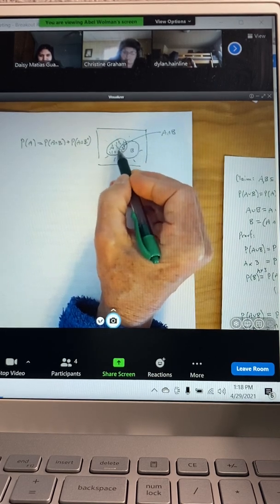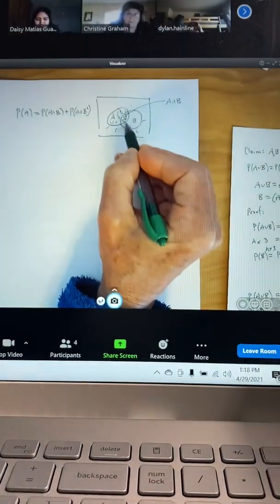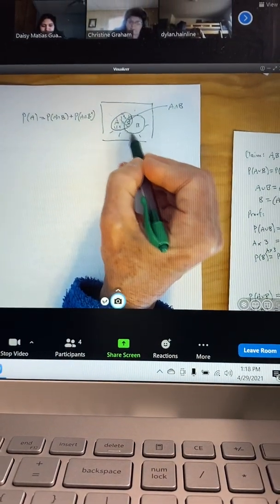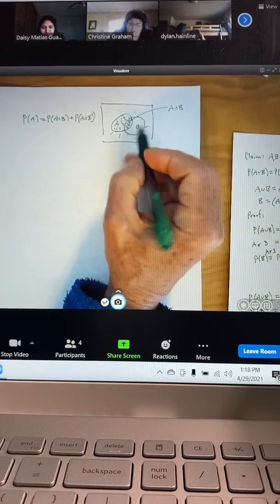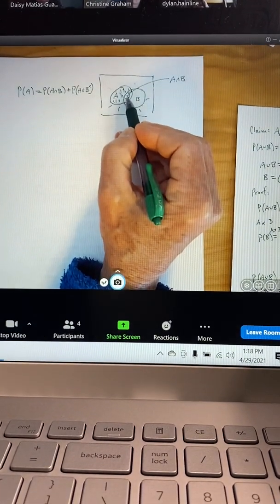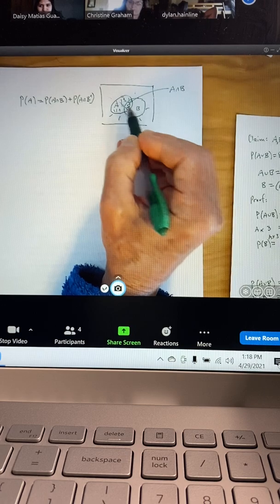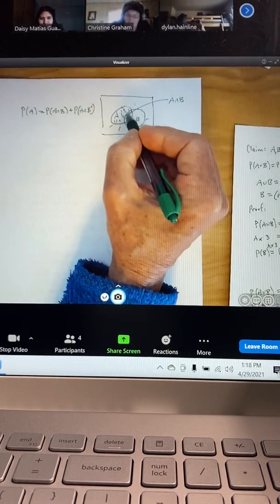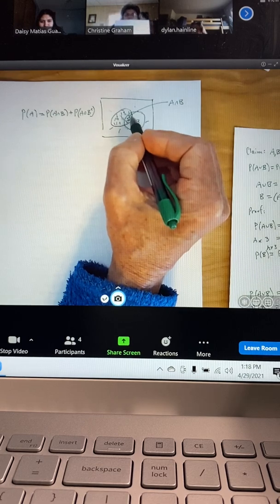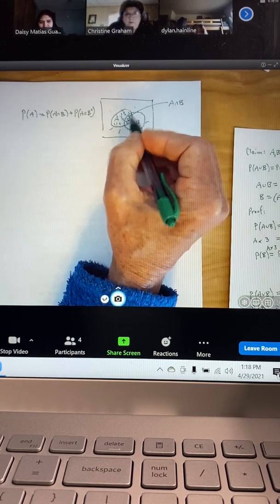B is this. So everything outside of B is everything outside of this circle. But we're getting this back because we're unioning everything outside B with the stuff that's in the intersection of A and B.